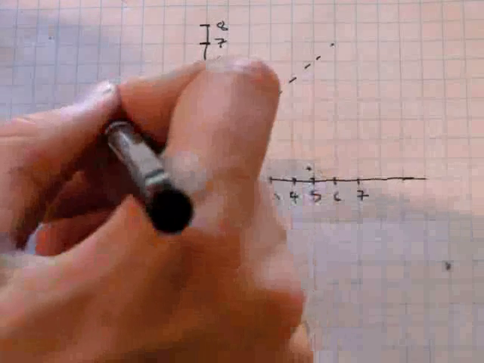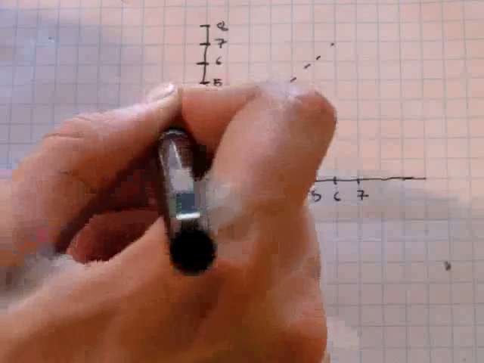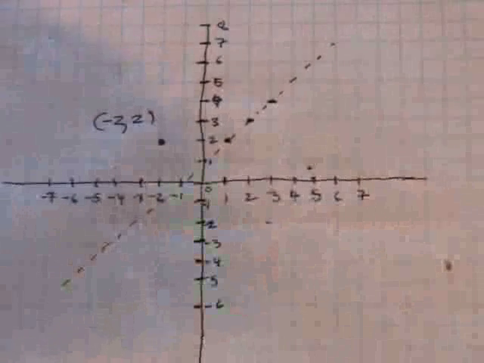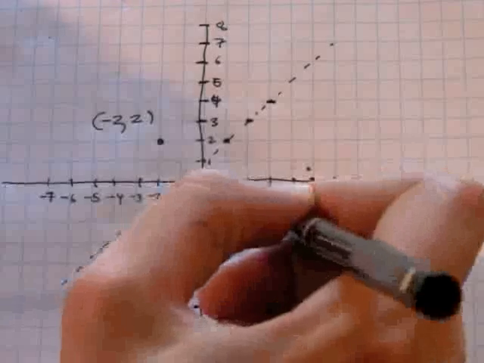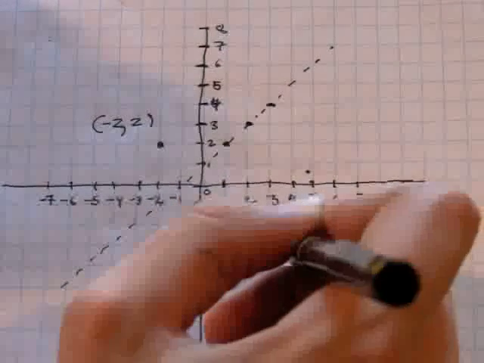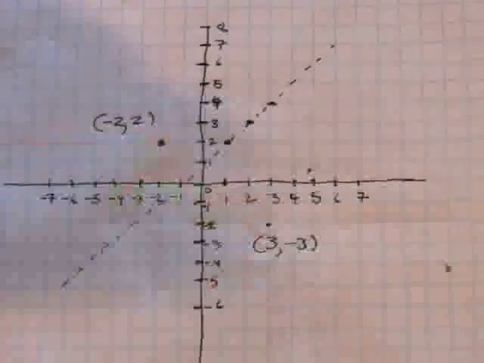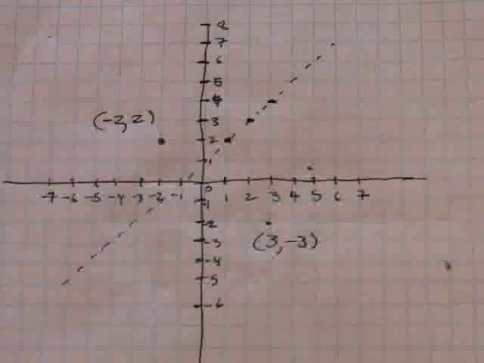So this point right here is going to be (-2, 2). We're going to use that point, and let's figure out one down here. This one, (3, -3). So now we have a point on each side.